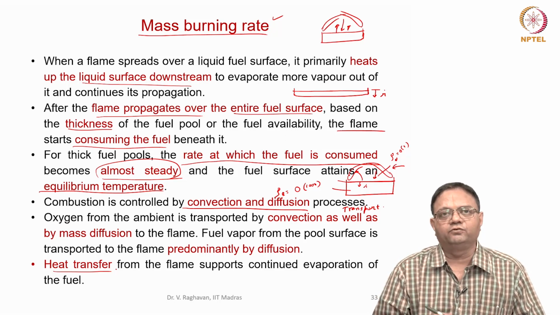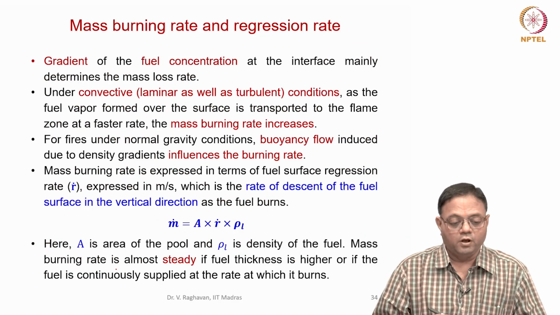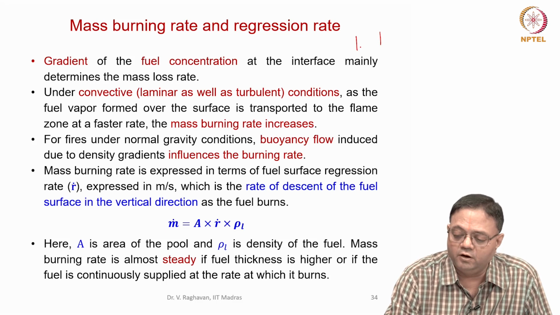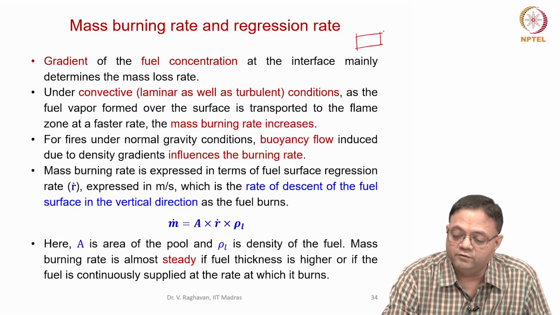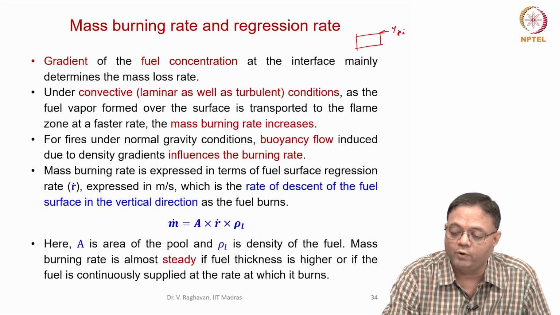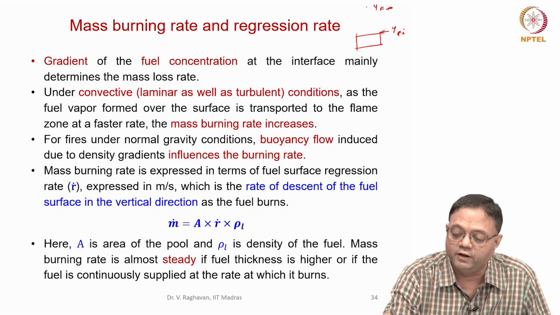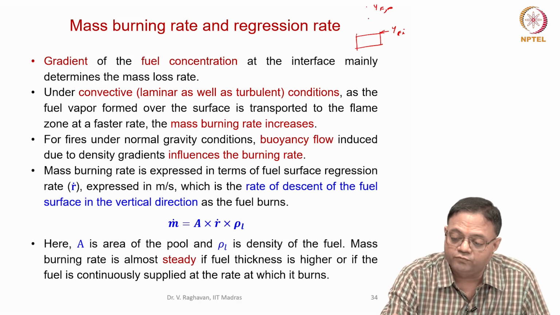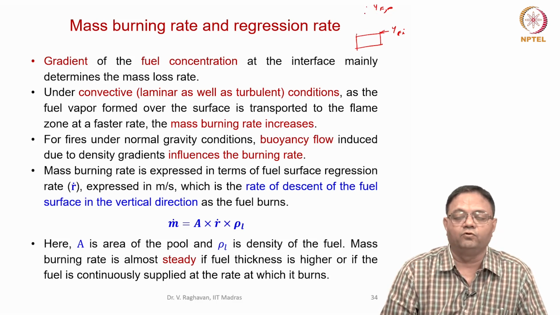So, what are the factors which are going to affect them? We will see. Whenever we have seen that evaporation occurs, there is a concentration of the fuel at the interface. So, I say Y_F,i, and at far off distance it is Y_F,infinity. So, the gradient of this, so this is actually a non-linear variation you will have.